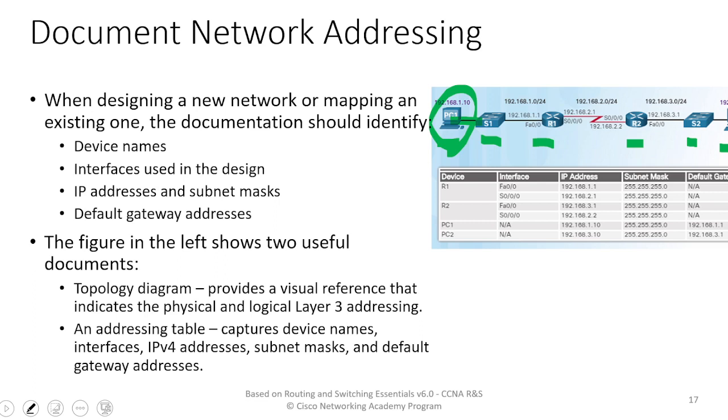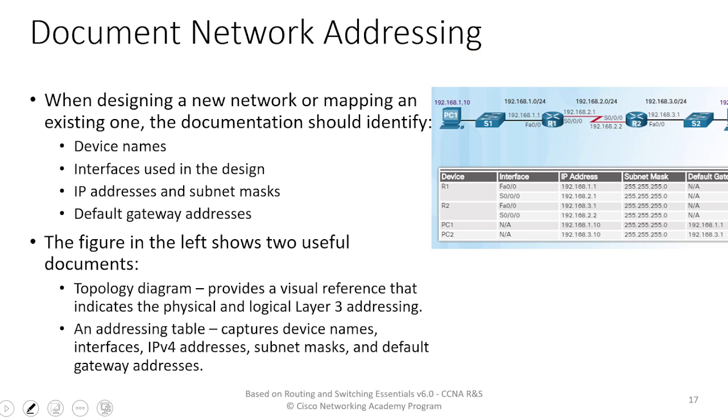So in addition to the interface that it is connecting, it will have an IP address allocation, it will have a subnet, and it will also have a default gateway that it connects to. We can document this information in two forms.